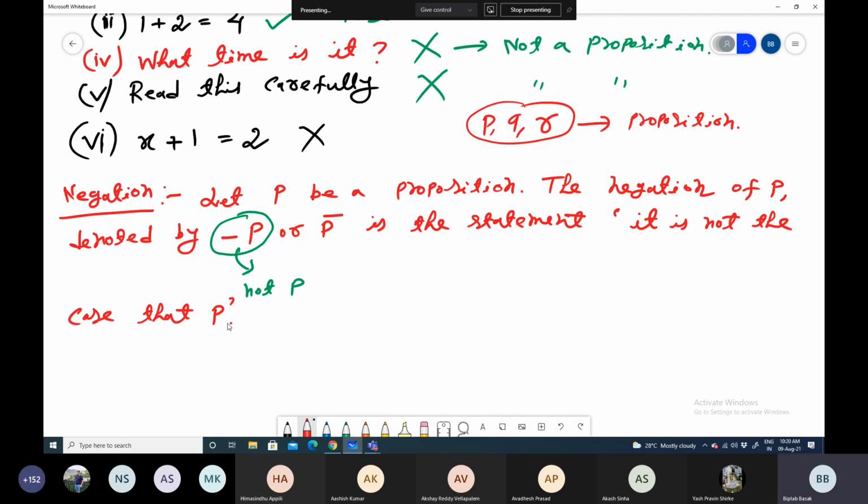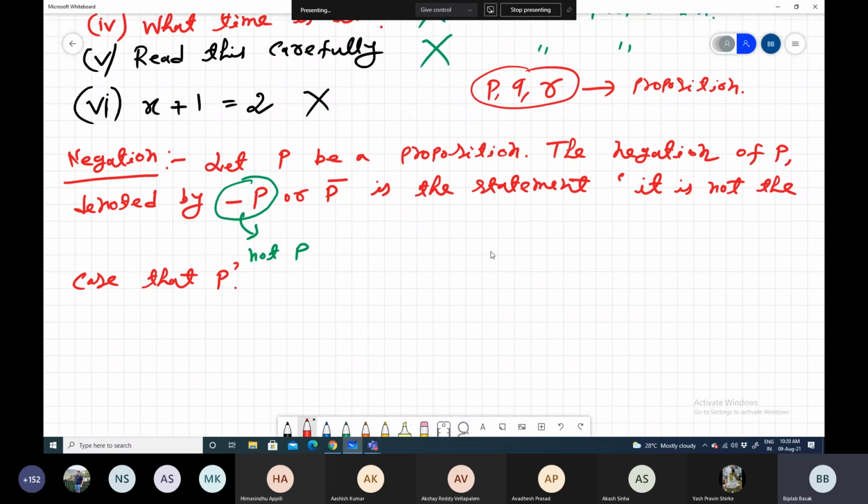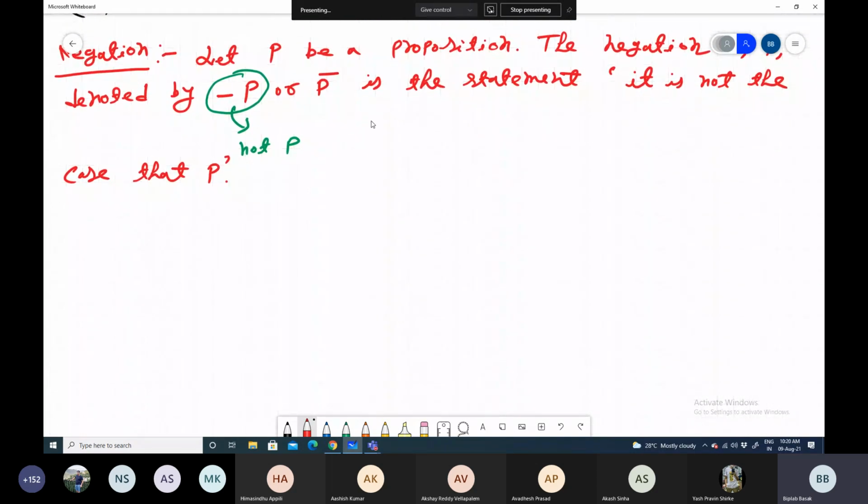I will give one example to understand this fact. What do you mean by "it is not the case that P"?